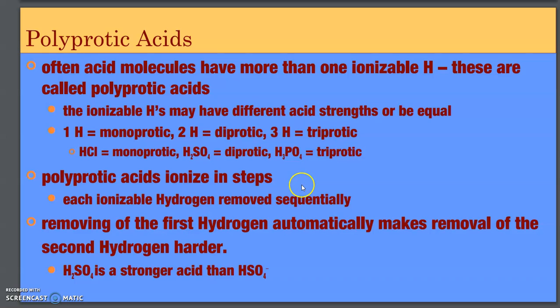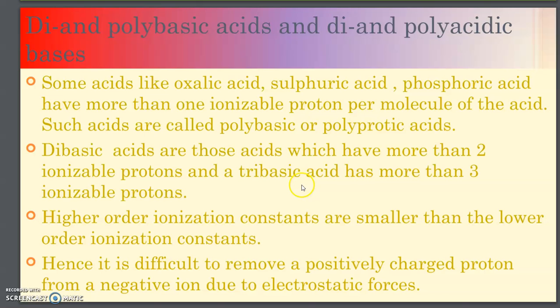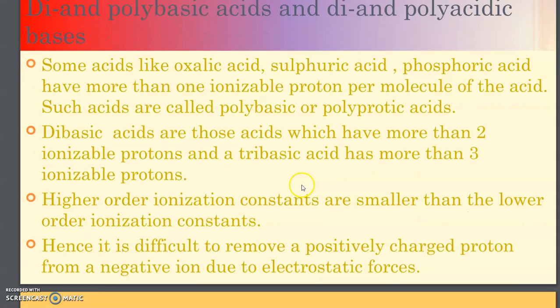Then in the case of di- and polybasic acids. We know some acids like oxalic acid, sulfuric acid and phosphoric acid have more than one ionizable proton. In sulfuric acid there are 2 hydrogen ions, so when dissolved in water it can donate 2 H+ ions. So it is a dibasic acid. Similarly, a tribasic acid can donate 3 H+ ions.